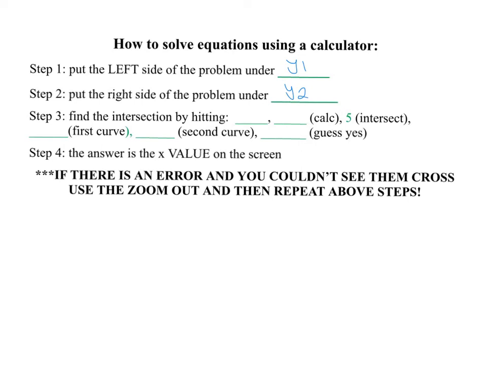Find the intersection by hitting second, trace, and that trace button is right by where the calc is. 5, which is intersect, enter, and the calculator is going to prompt you by first curve, enter for the second curve, and then it's going to say guess, yes, and you're going to hit enter.